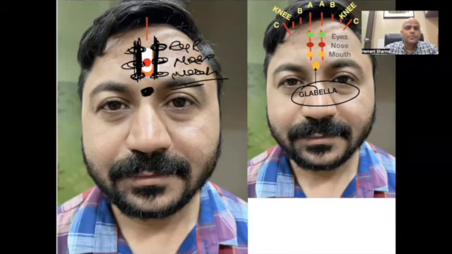Right? So we can see here in the other image, the upper part I have represented with the green color, that is eyes. Then the middle part I have demonstrated here with the metal color, nose. Nose, that is the metal element color.